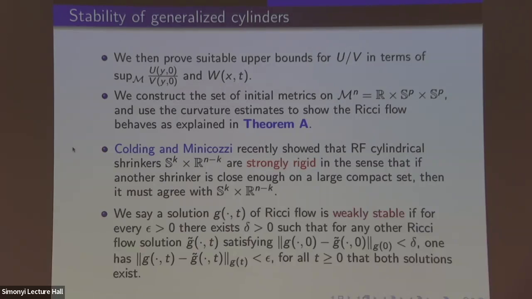Okay, so we could also get something a little bit more from what we did in terms of stability. But first of all, I want to mention the result of Colding and Minicozzi, who considered generalized cylinders.